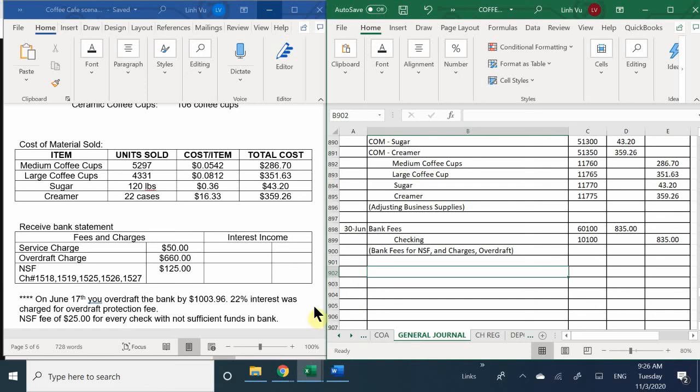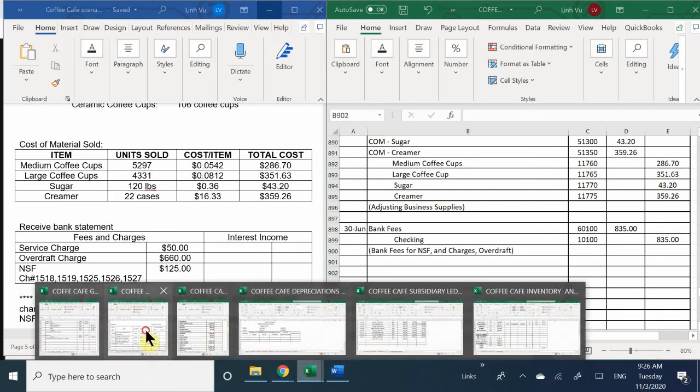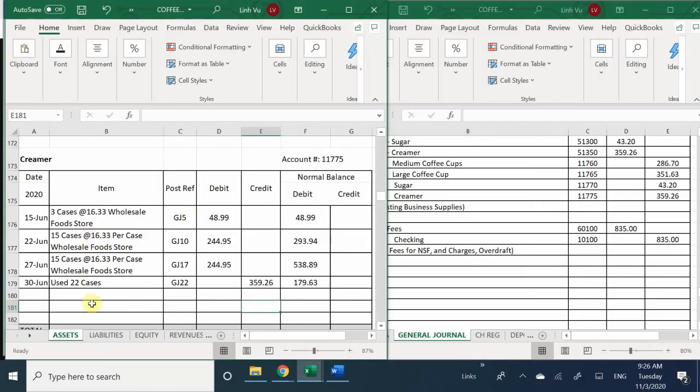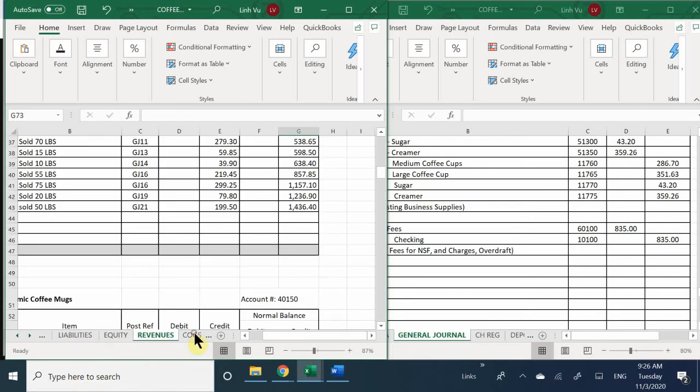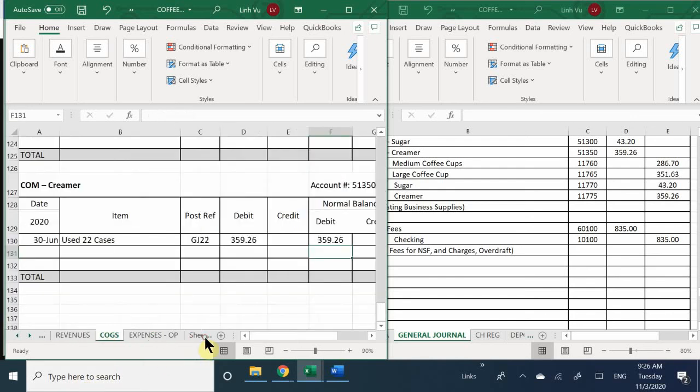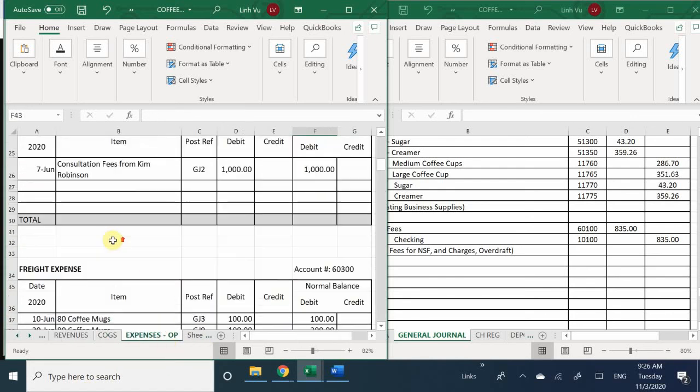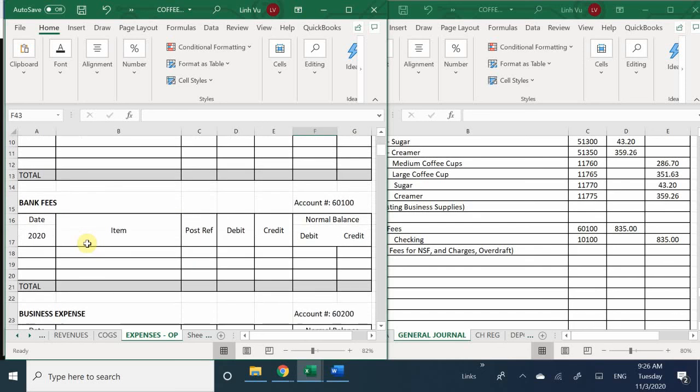That ledger. Next comes the ledger. Okay, so here we're going to go to operating expenses to find our bank fees account. Here it is, bank fees.